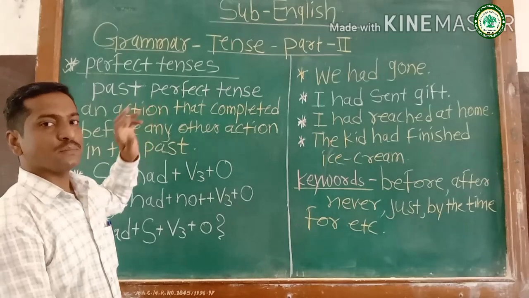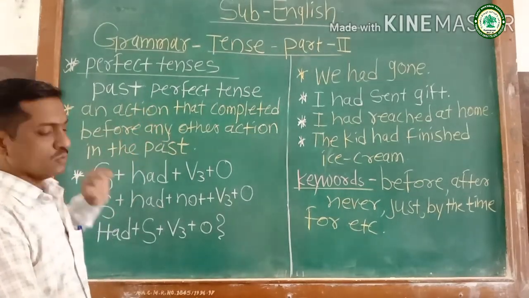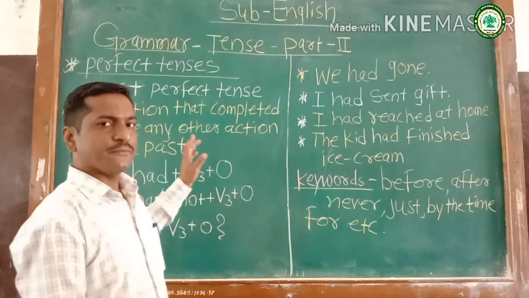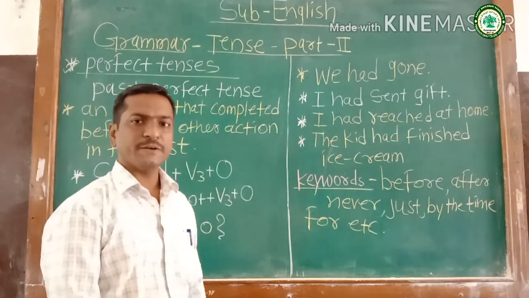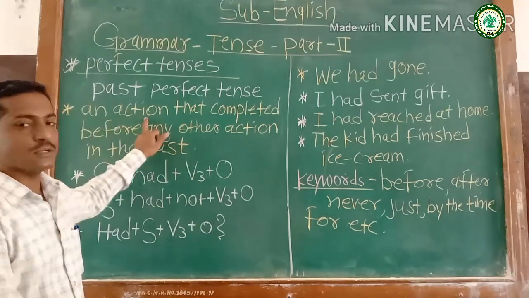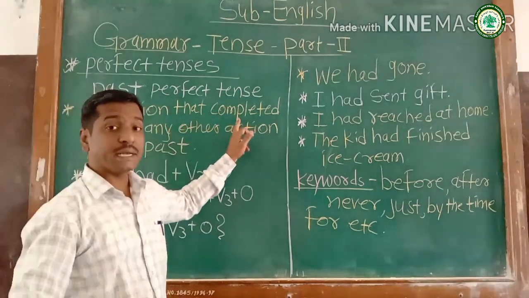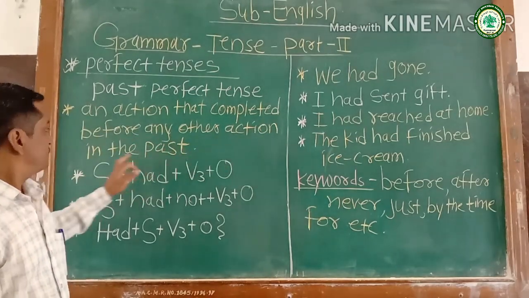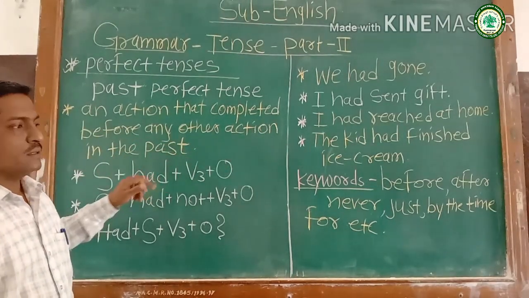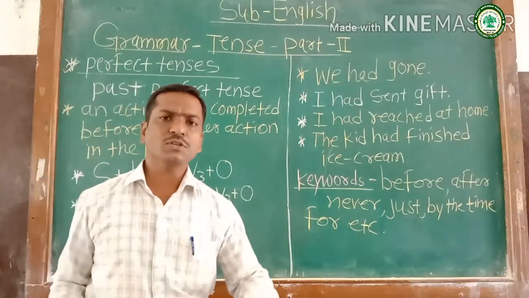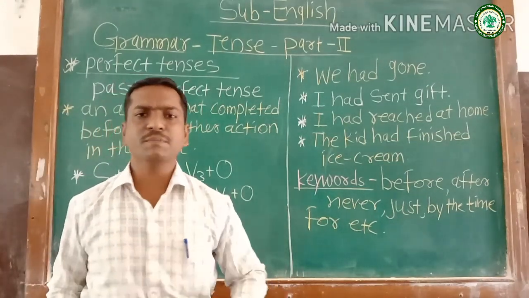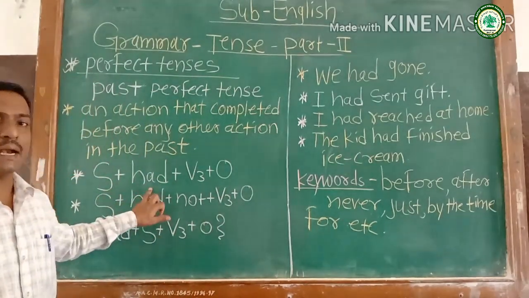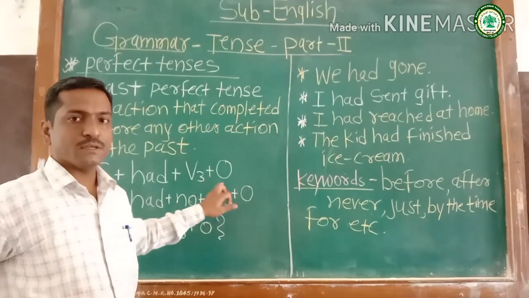Now, past perfect tense. When we discuss past perfect tense, we have to take into consideration that it refers to an action that was completed before any other action in the past. Let us know the structure of past perfect tense: subject plus had plus V3 plus object.